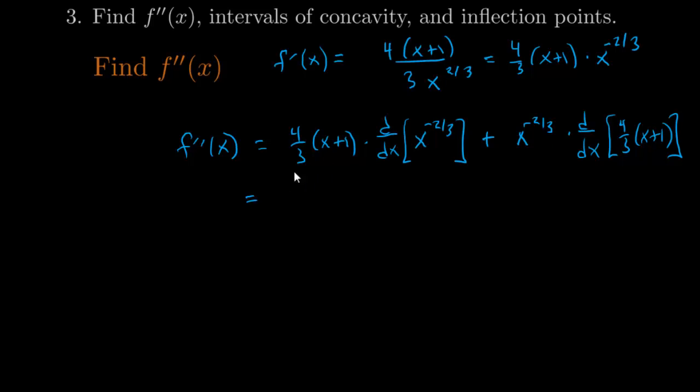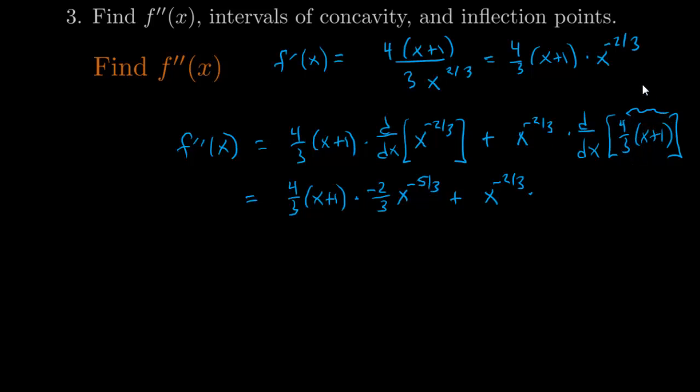All right, so we got 4/3 x plus 1, and then the derivative of this. That's going to be a power rule. So bring the negative 2/3 down, x, and then there'll be negative 5/3. We're going to leave the x to the negative 2/3 alone, and then differentiate this.